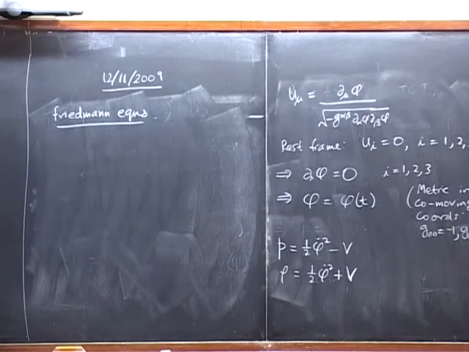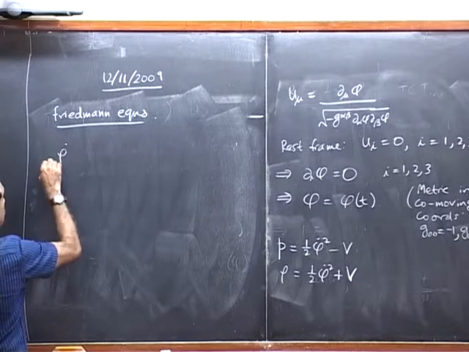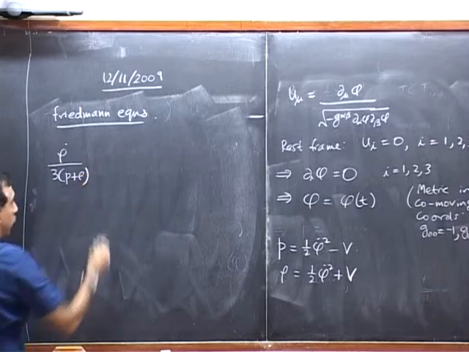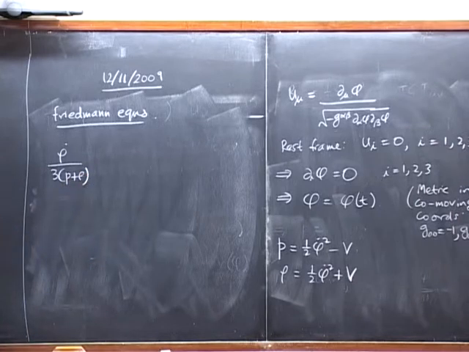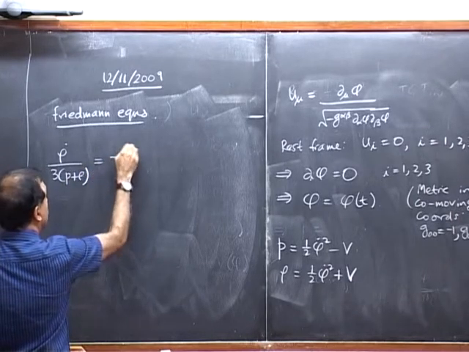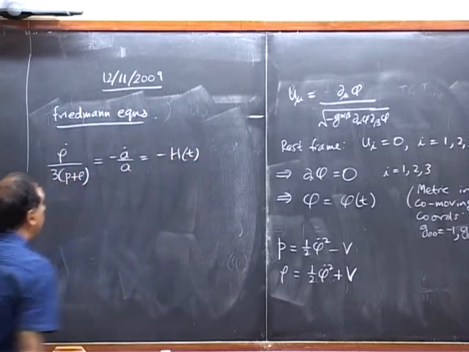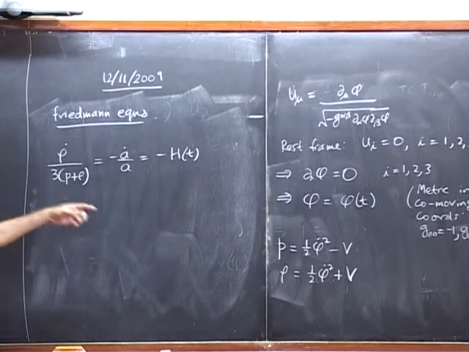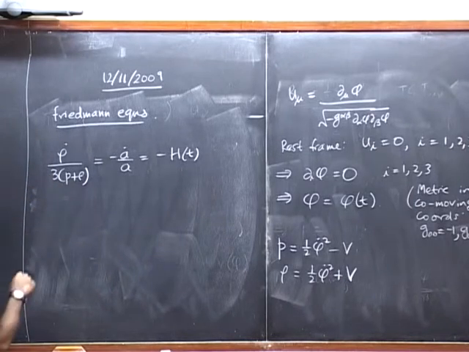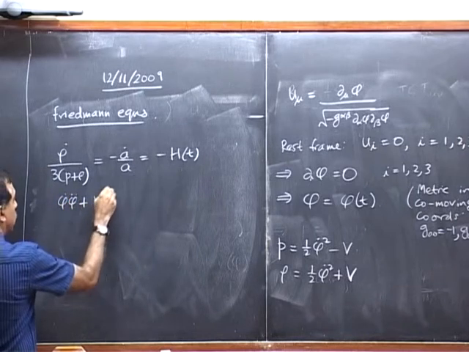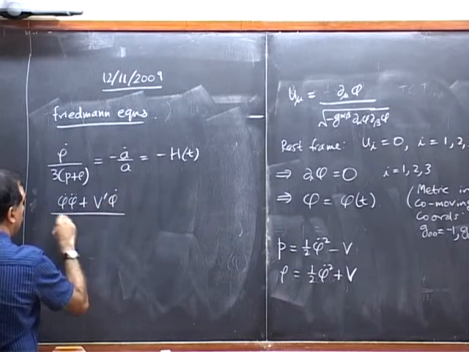So let's just look at one of the equations. We got this equation by using both the Friedmann equations. It was particularly useful because it gave me a direct relation to the Hubble parameter H of t. So now I just need to plug into these. So rho dot is phi dot phi double dot plus V prime phi dot.